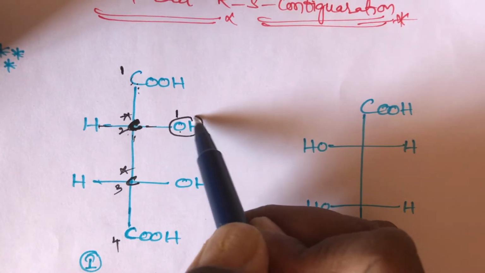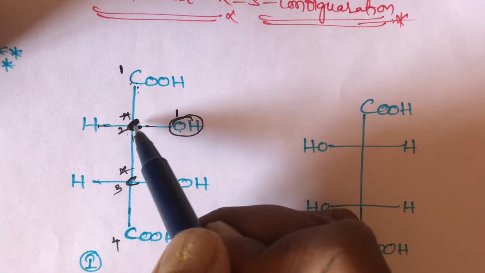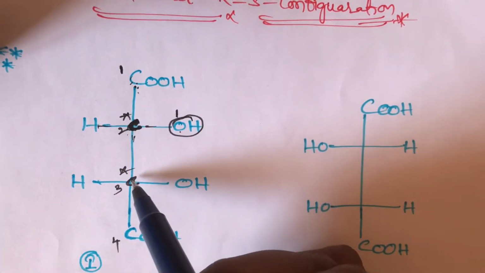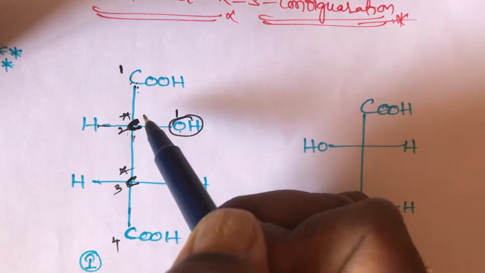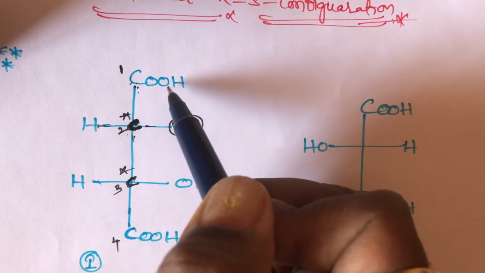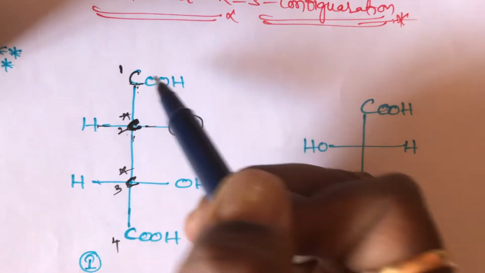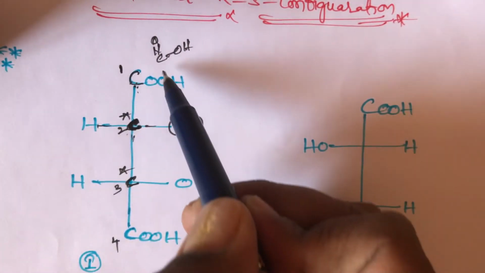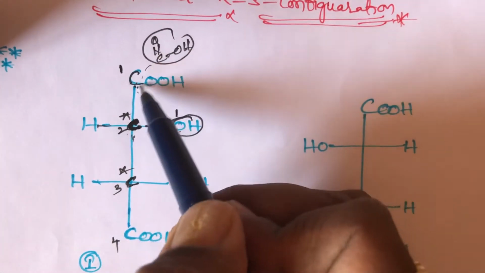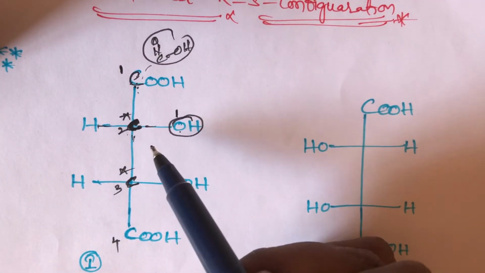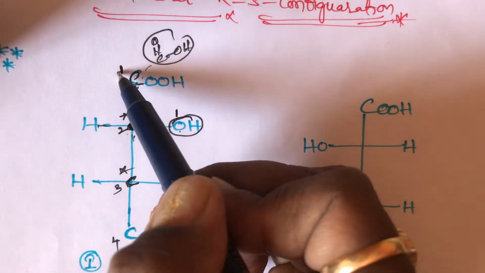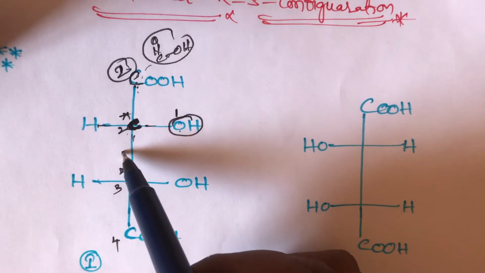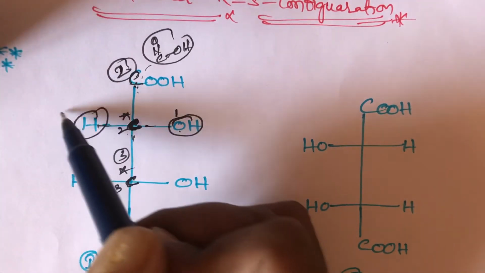The second priority goes to the COOH group, because this carbon has a double bond, C double bond O, and double bond gets priority. Then the third priority goes to the rest of the group, and hydrogen is the fourth priority.